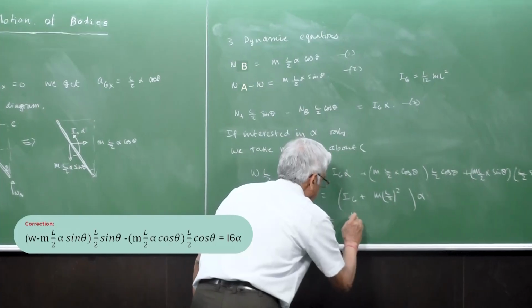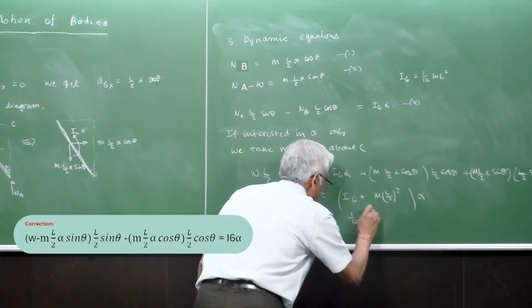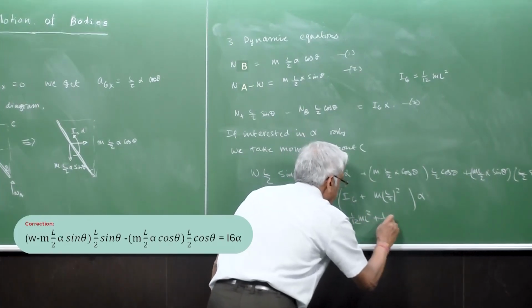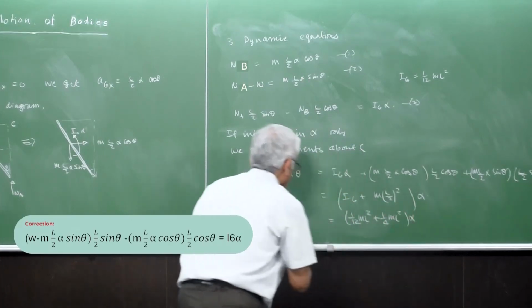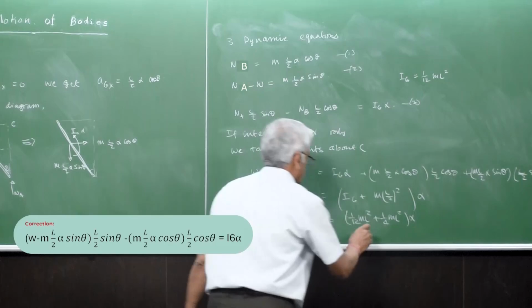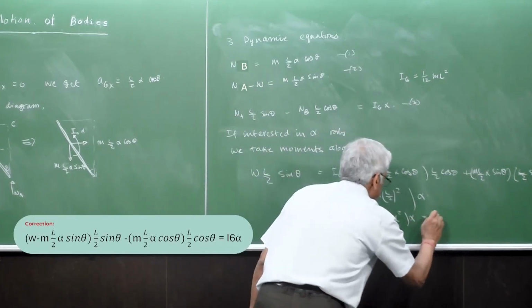this is 1/12 ml square, this is 1/4 ml square. So this is just equal to 1/3.